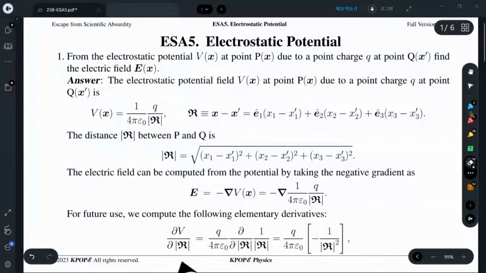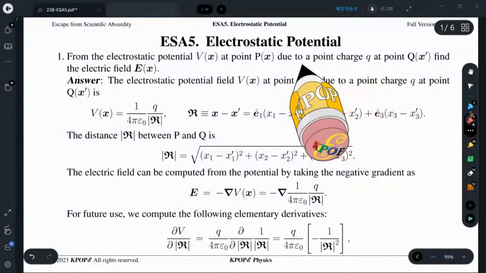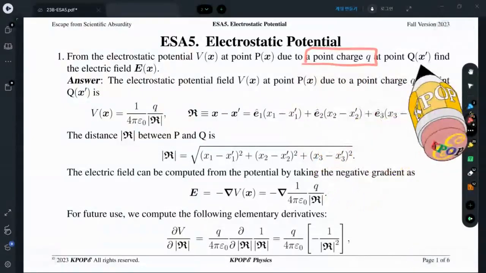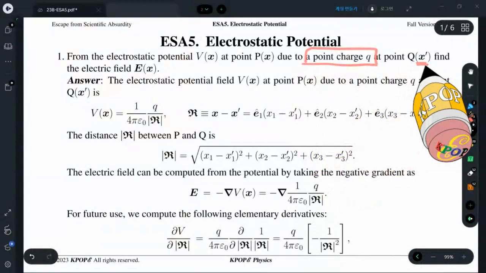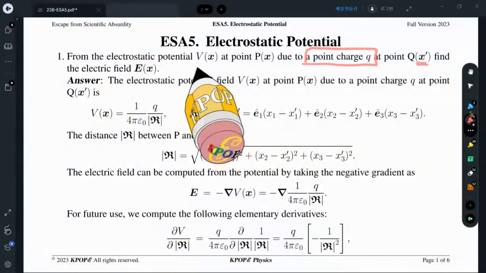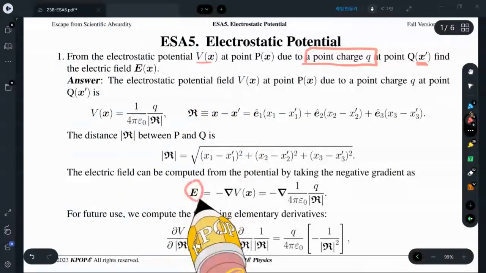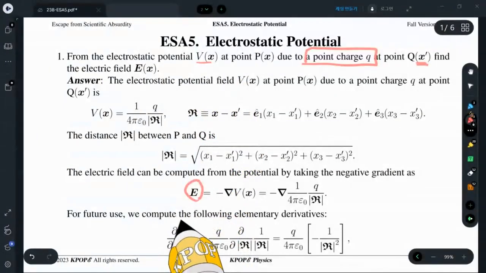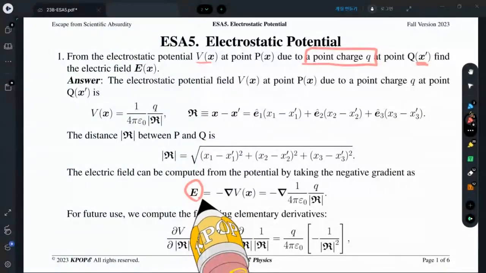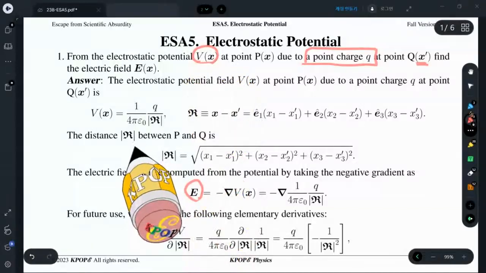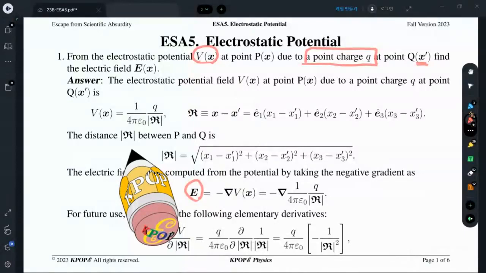We first consider the case of a single point charge, that is, a single source at a point somewhere, and we want to measure the potential. Eventually, we are interested in the electric field, but we know the electric field is a vector and the electrostatic potential is a scalar.